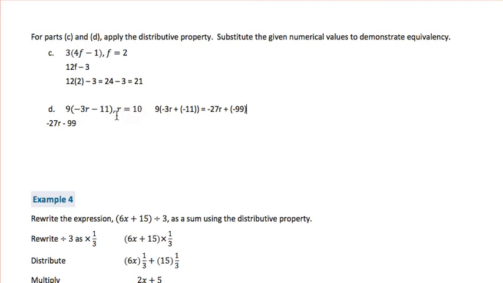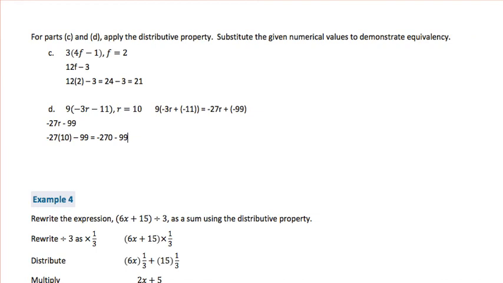Then we'll substitute if r is equal to 10, negative 27 times 10 minus 99. And negative 27 times 10 is negative 270. And we're subtracting 99. Now this might be a place where you get confused by it as well.